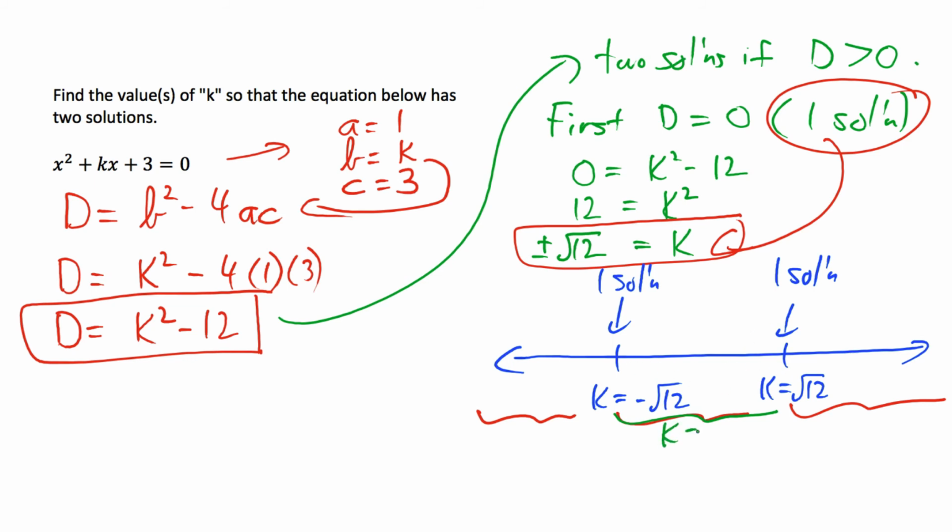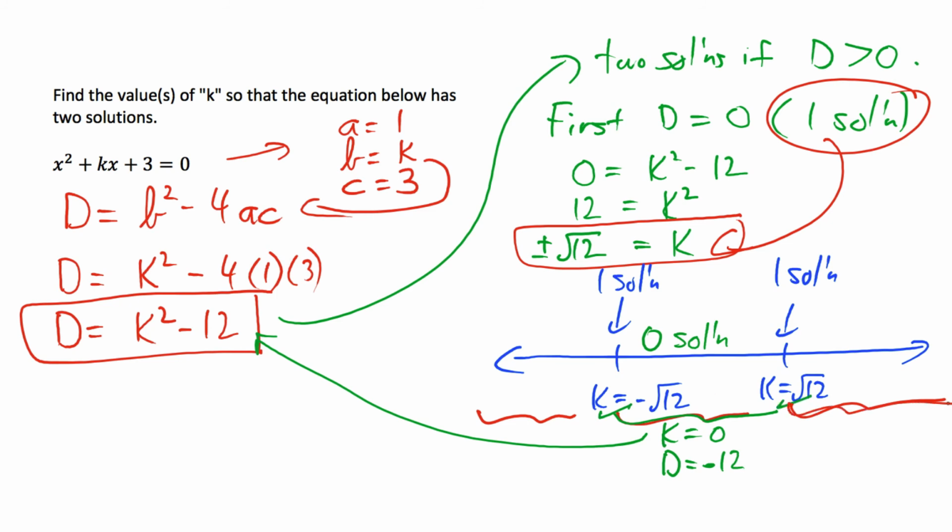So for example, k equaling 0. And if I put 0 into my discriminant, I'm going to get 0 squared minus 12. I'm going to get a discriminant that is negative. And a negative discriminant means 0 solutions if the value of k is between here and here.